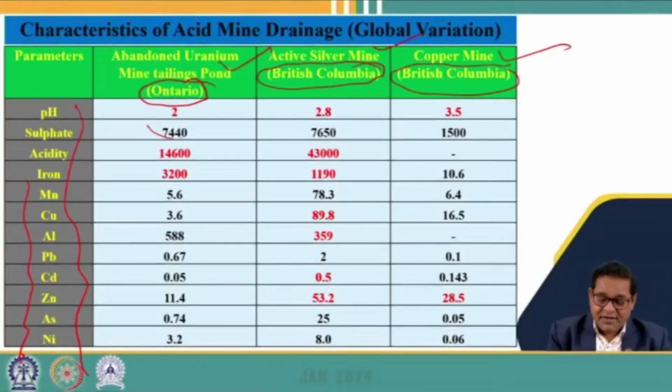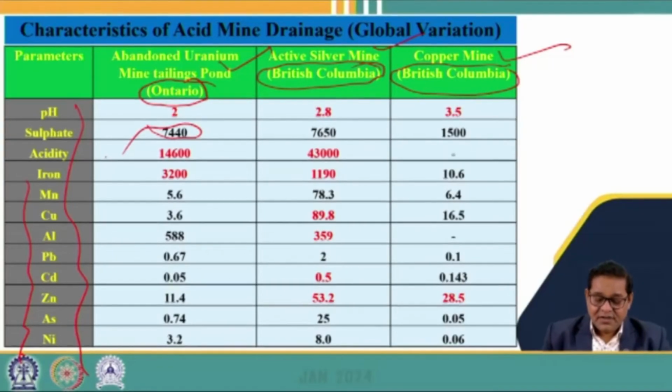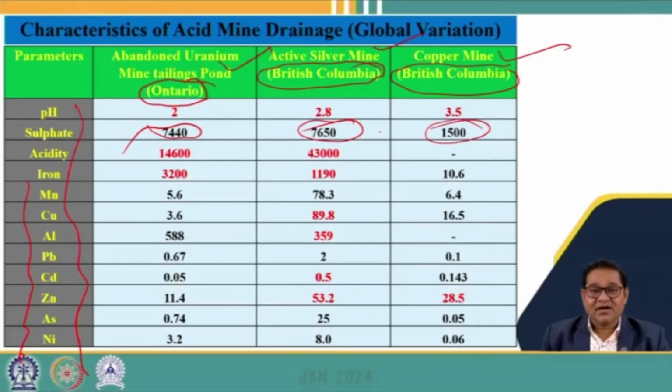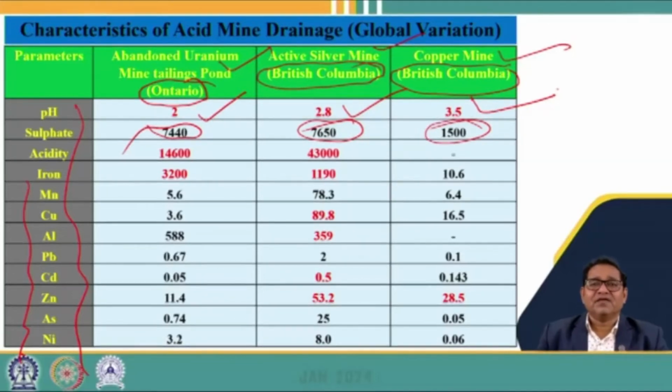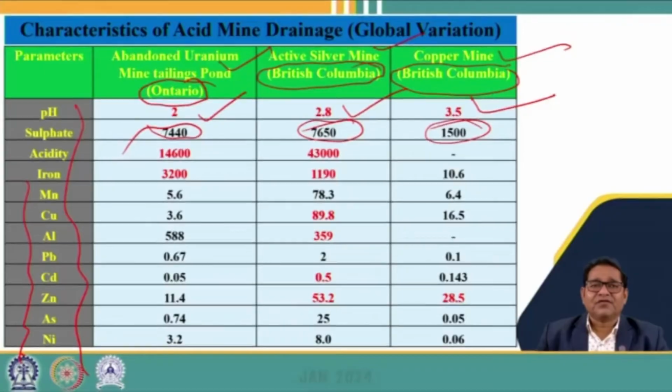So sulfate, here if we see that is 7440, here 7600, here there is 1500 milligram per liter. The pH also, here it is 2.8, 3.5. So this is like a lot of acidity in this type of wastewater.